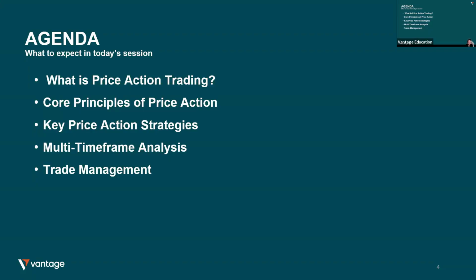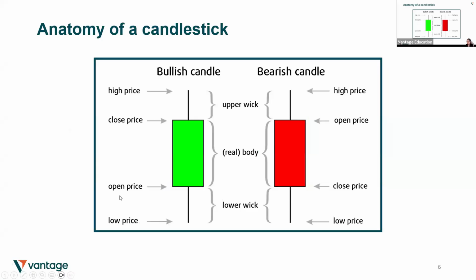You guys can see my screen, right? Okay, so first of all, let's look at the anatomy of a candle. By now, you should already know how to read the candlestick. For the bullish, opening is below, closing is on top. Whenever you see a bullish candle, the buyer controls the market.